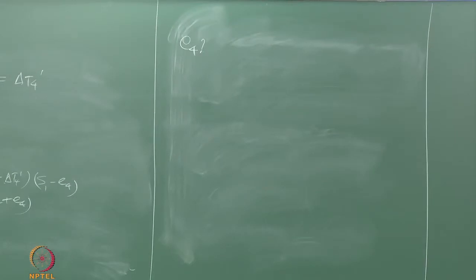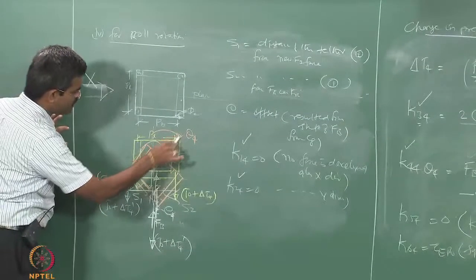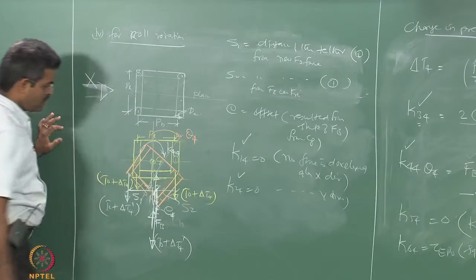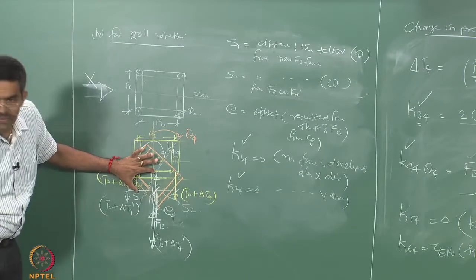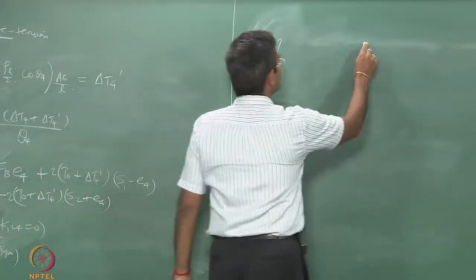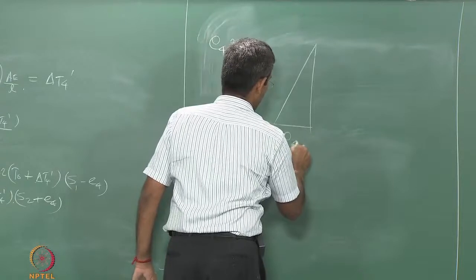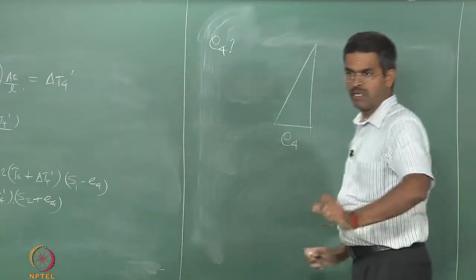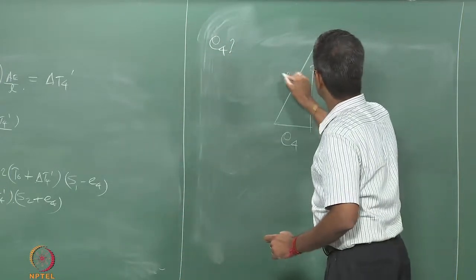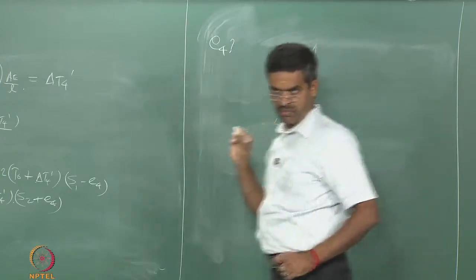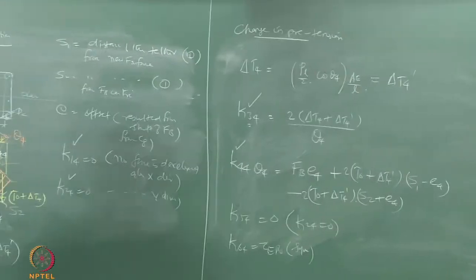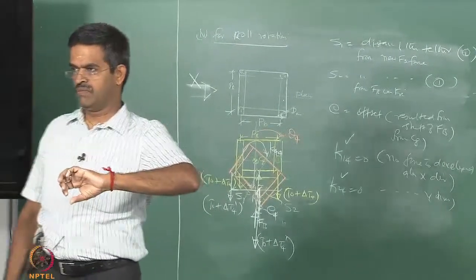The angle is subtended from this center to this center. Look at the half of the portion. So I have to plot it here. If this is E4, this is the eccentricity, this is my H bar, this is my theta. It is rotating about the center, half of that.